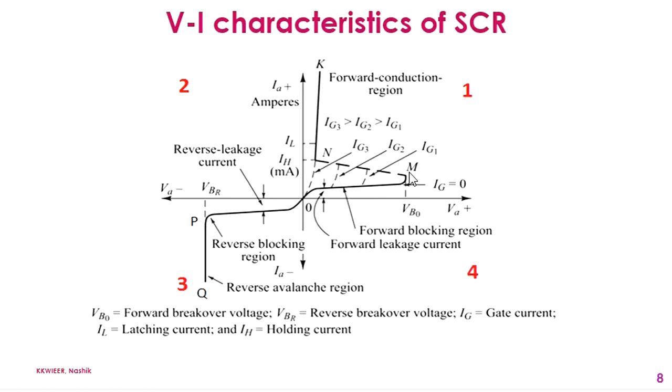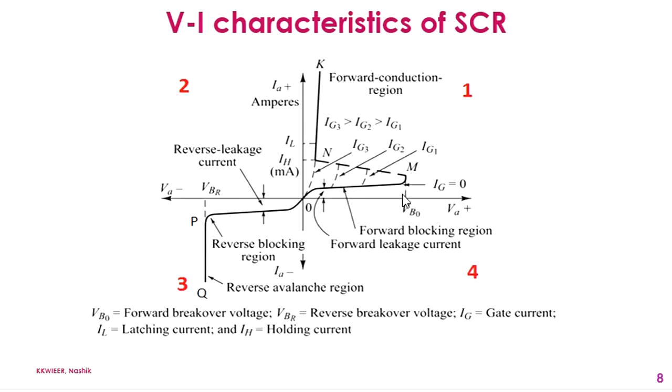And the last one is the forward conduction region. When the forward voltage between anode and cathode is increased with the gate circuit kept open, the avalanche breakdown occurs at junction J2 at the critical forward breakover voltage. At this VBO point, as we have seen, the depletion layer of J2 almost vanishes and the maximum current starts to flow through the SCR circuit.